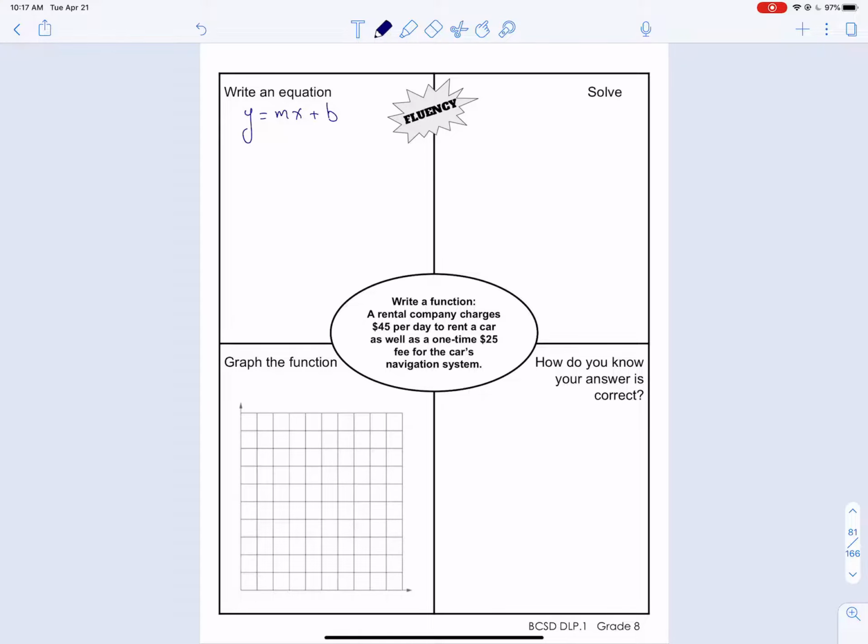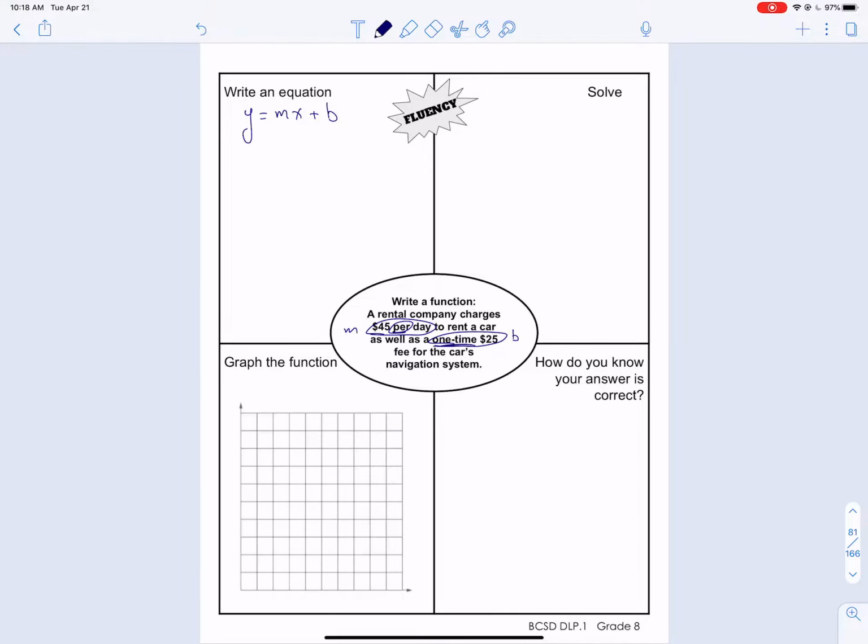Okay, so we have 2 pieces of information here, and we need 2 numbers for our equation. So we need our slope, which is our rate. So here's our keyword, per day. So this is slope. And then one time, that's a very good keyword for b, which is the y-intercept or the initial value or that one-time charge.